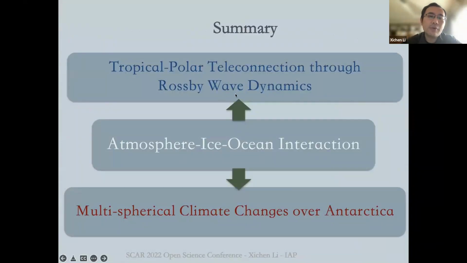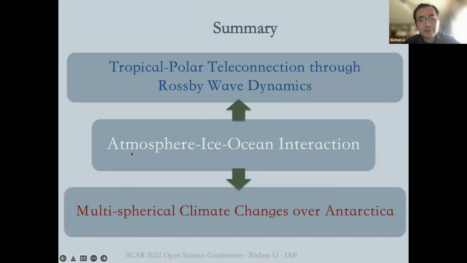Here's the brief summary about how tropical-polar teleconnection impacts Antarctic climate changes. So we have tropical decadal variability, including the IPO and AMO. It generates the stationary Rossby wave chains and deepens the atmospheric low.